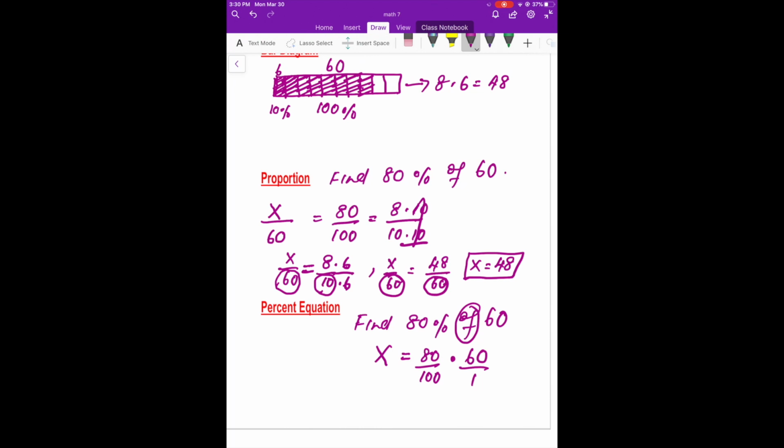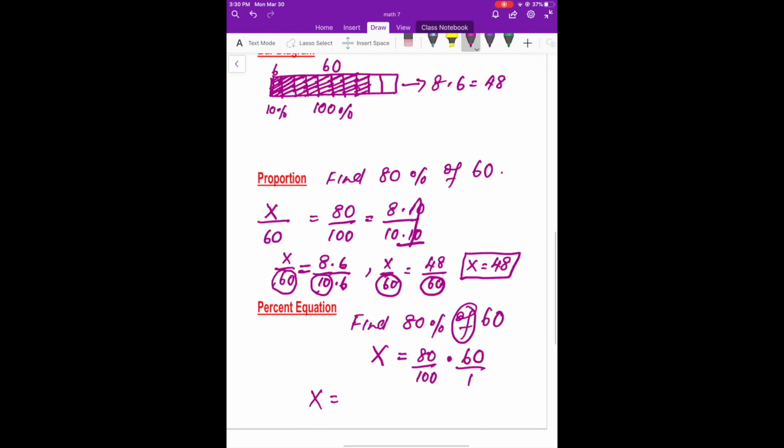So when you do that, you will get x is equal to, you can decompose, and this is easy to multiply also. 8 times 6 is 48 and there are 2 zeros. So 4800 divided by 100, you will get 48. How many hundreds are there in 4800? You will get 48. So to find 80% of 60, you just multiply 60 by 80 over 100, or you can just multiply that with 0.8, which is the decimal form of 80%.